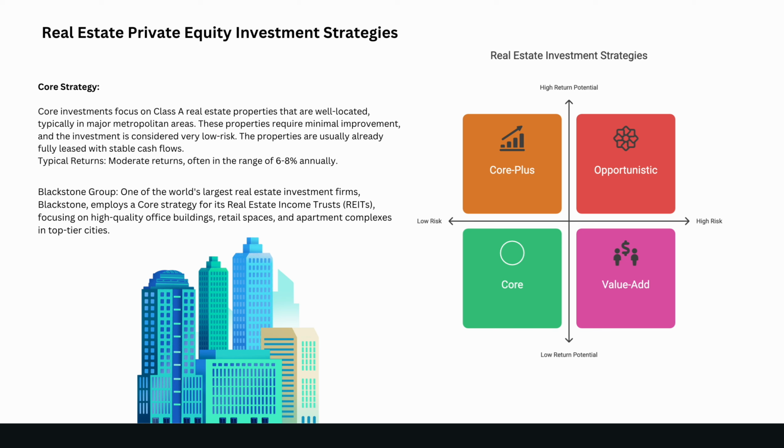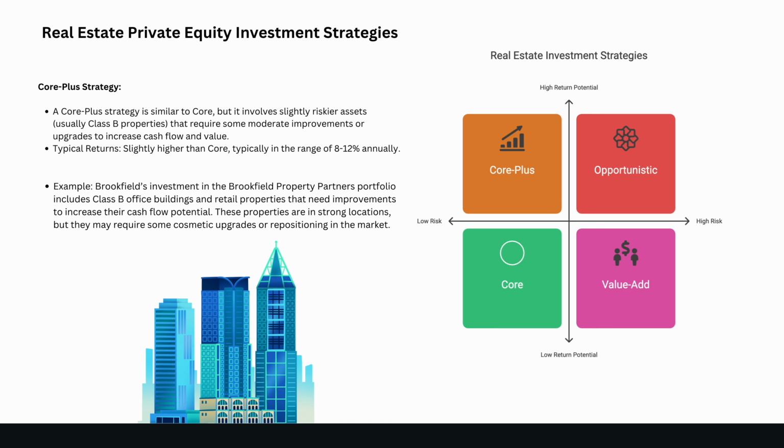These properties require minimum improvement, and the investment is considered very low risk, and the properties are usually already fully leased with stable cash flows. In terms of return, you may expect around 6 to 8% annually in this category. The Blackstone Group, one of the world's largest real estate investment firms, employs a core strategy in its real estate income trust, focusing on high quality office buildings, retail spaces, and apartment complexes in top tier cities.